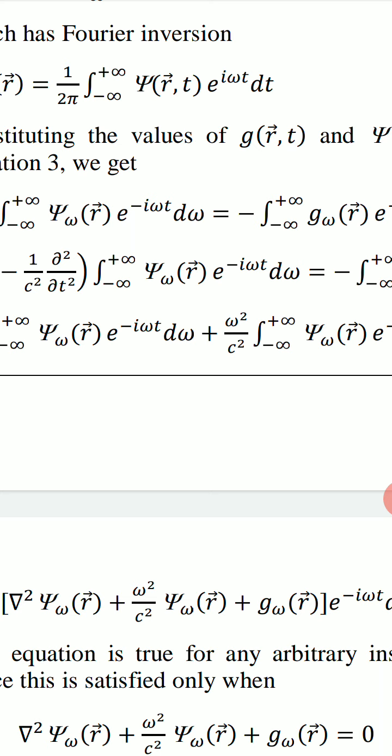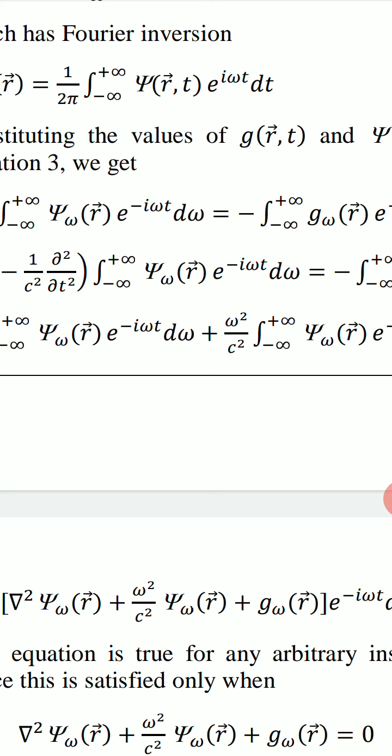This second term, in this second term we have differentiation, 2 times differentiation with t, d2 by dt square. When it operates on e to the power minus I omega t, if we differentiate e to the power minus I omega t with respect to t, then we get minus I omega e to the power minus I omega t.